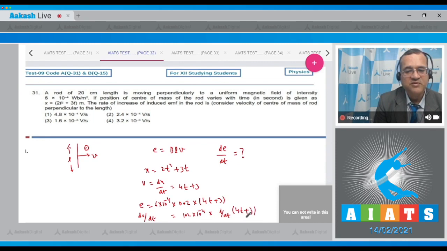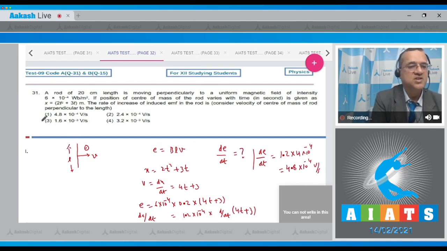So 4 comes from here, and therefore dE/dt = 1.2 × 4 × 10^-4 = 4.8 × 10^-4 volt per second is the required answer. The first option is 4.8 × 10^-4 volt per second. So the answer to this question is 1.